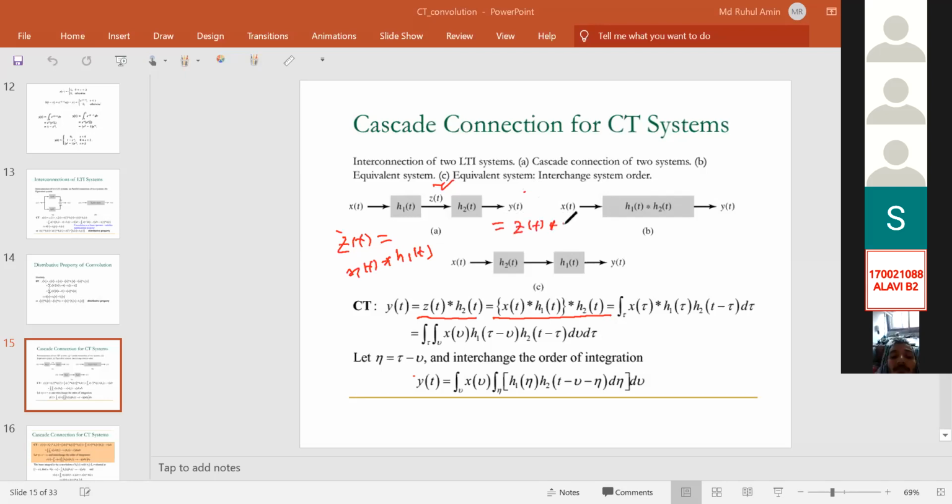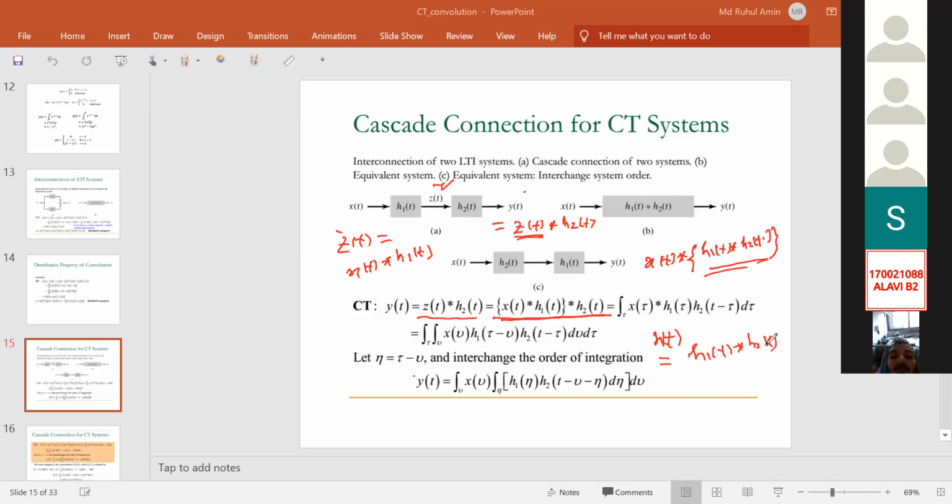If we replace z(t), we have this expression. You can easily group this together, so we can write x(t) convolution with a group equal to h1(t) convolution h2(t). That means you can obtain a system whose combined impulse response is equal to h1(t) convolution h2(t).